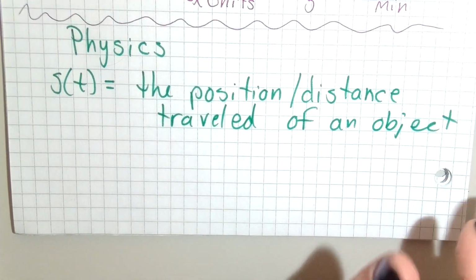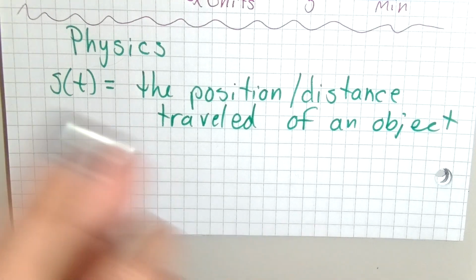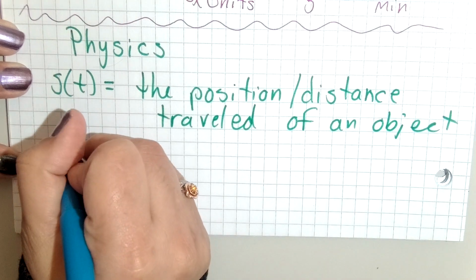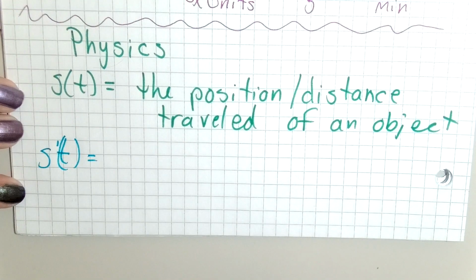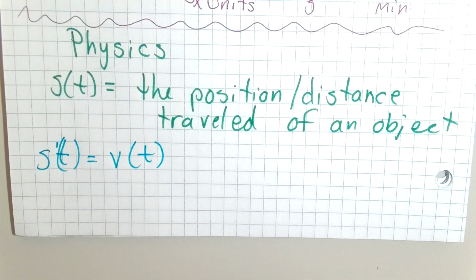Now, here's where calculus and physics come together. The derivative of the position function, that's s of t, is velocity. The derivative of the position function is velocity.